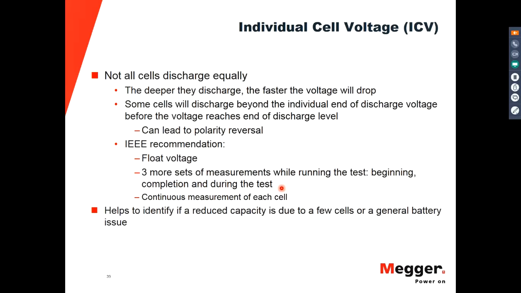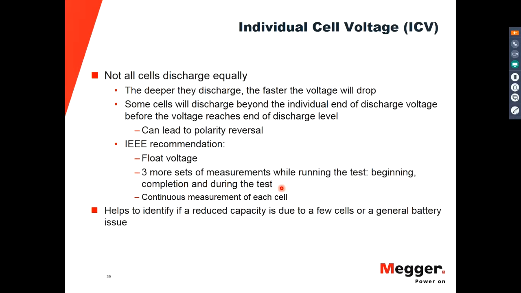So you want to monitor the individual cell voltages. The recommendation is to measure the float voltage of each cell, and during the test, to have at least 3 more sets of measurements: at the beginning, at the completion, and anytime during the test.